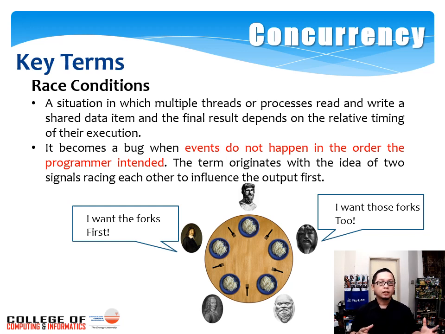It means that there is some problem in the scheduling that makes each of the process compete and not want to give way to another process to use the critical resources that they need. So this will eventually lead to the occurrence of what we have previously, which is deadlock.